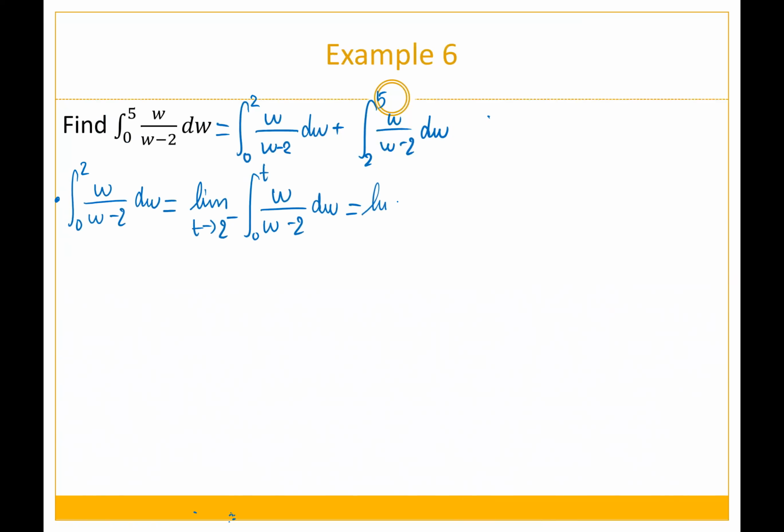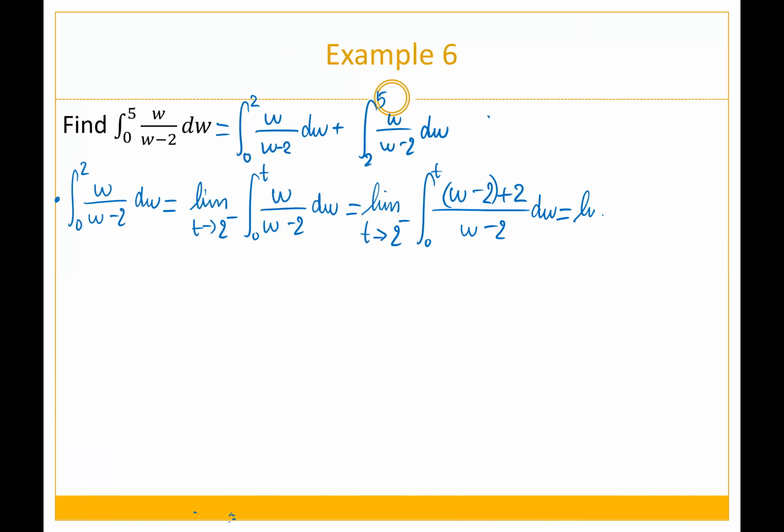Now you have to find the integral of w over w minus 2 dw. I have a really good way to find it. Instead of w, I rewrite it as w minus 2 plus 2, over w minus 2 dw.